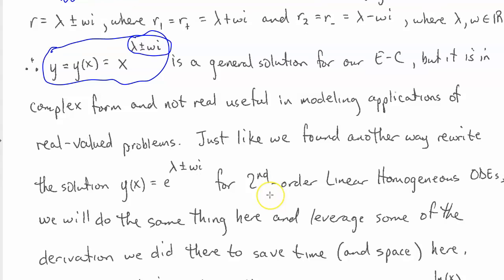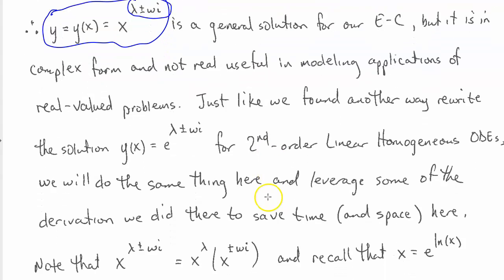Now, the important thing to know is that although this is technically a solution, it is not a useful one because we use these Euler-Cauchy types of equations to model real valued situations. So we're going to have to do some slick mathematical manipulation to get general solutions that are all real valued, just like how we did for the linear constant coefficient ODEs of the second order.